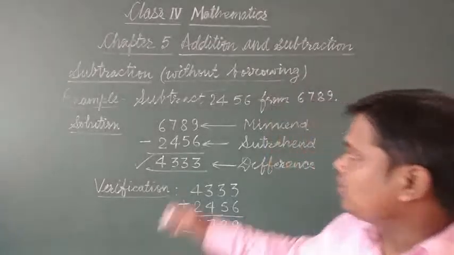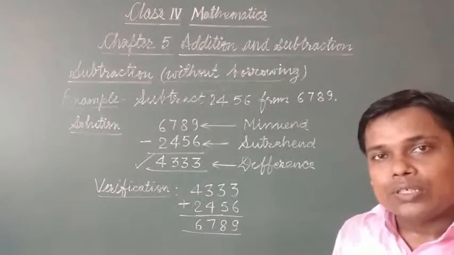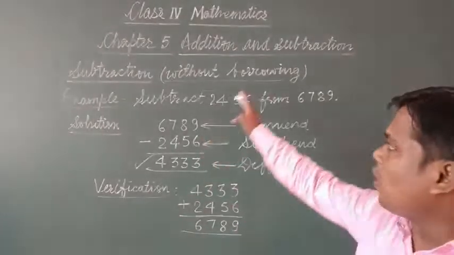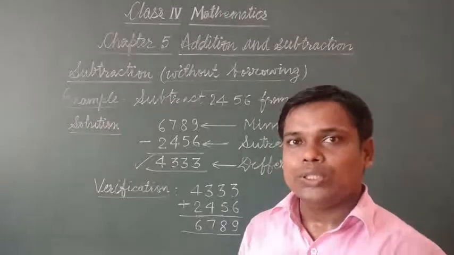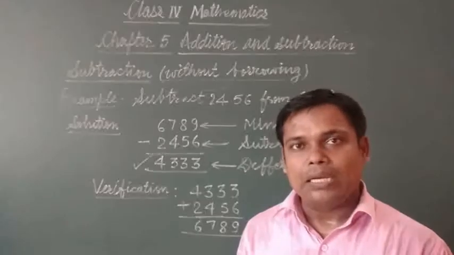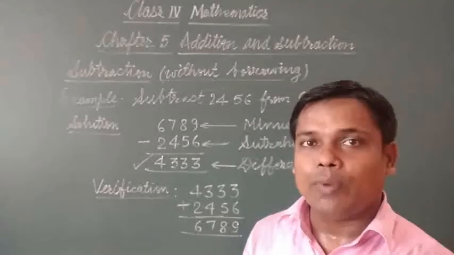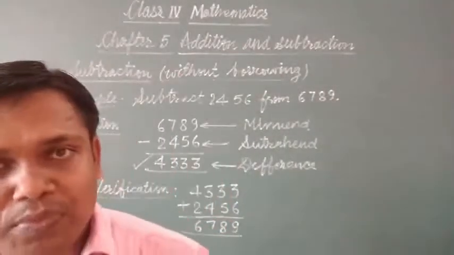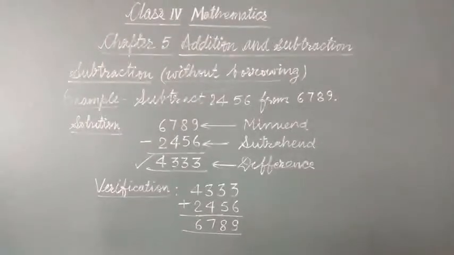Okay, so this is the example when we have to do subtraction without borrowing. Now I am going to tell you an example to find the difference with borrowing, or subtraction with borrowing. So I am going to erase this example.